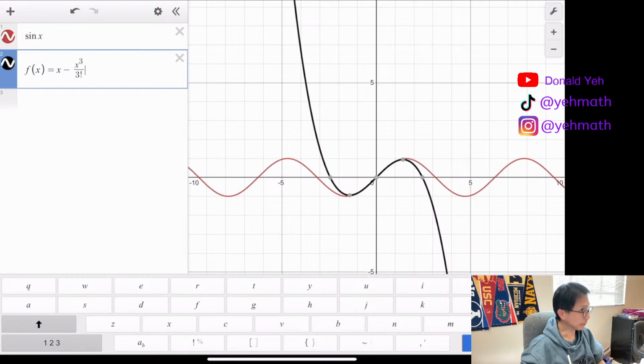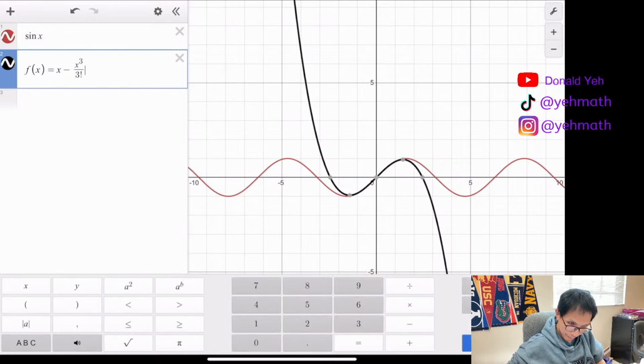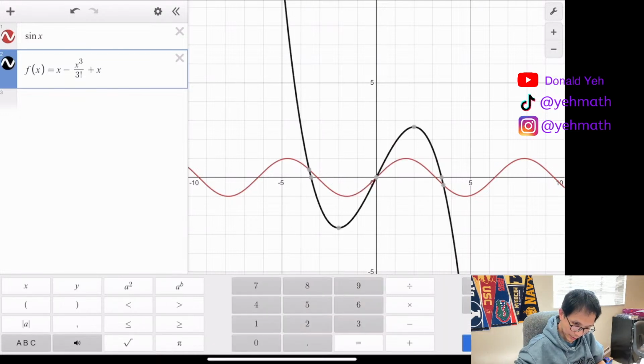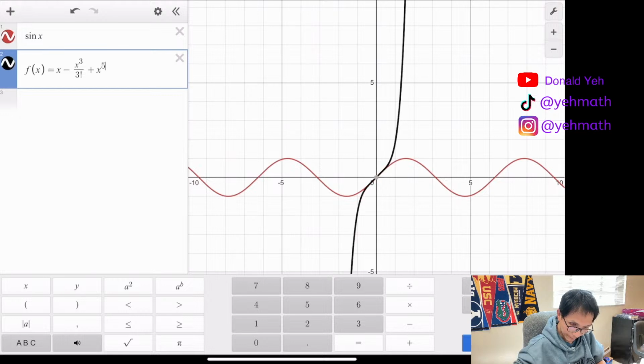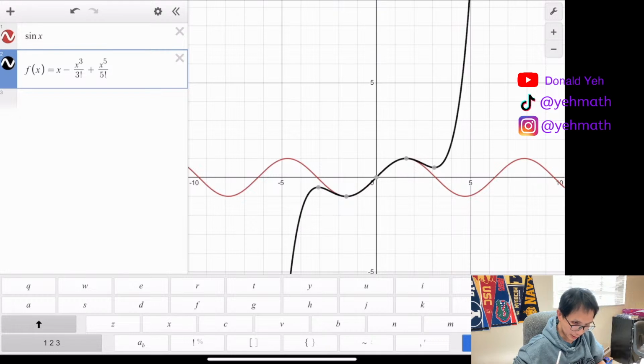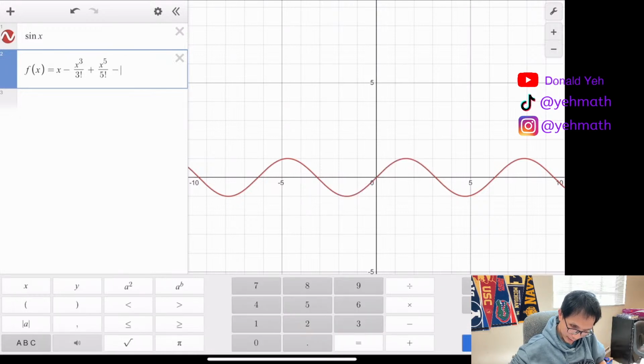Is that okay? And then plus x to the 5th over 5 factorial. And obviously you see it starting to bend backwards. And then minus x to the 7th over 7 factorial.